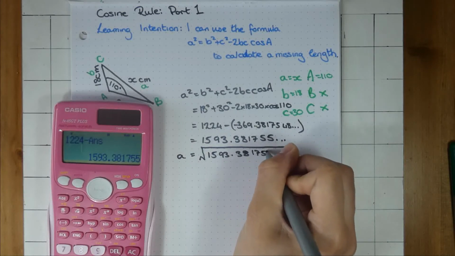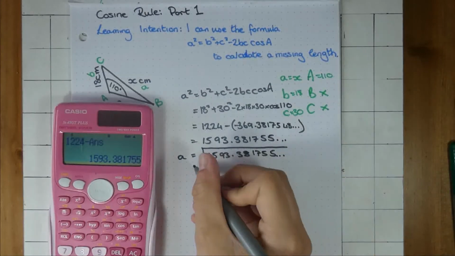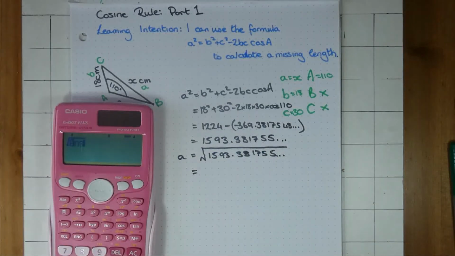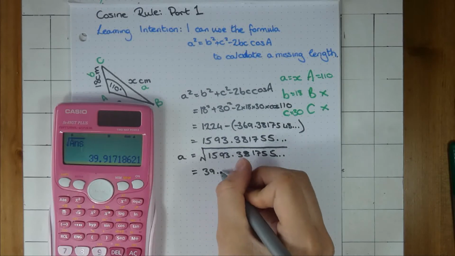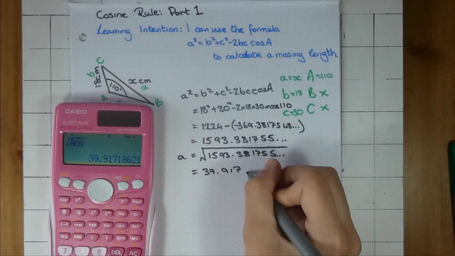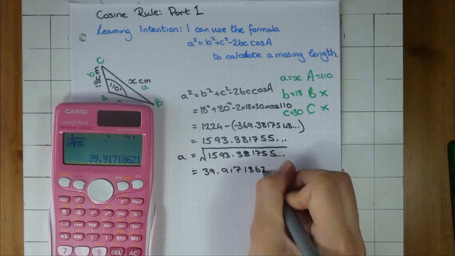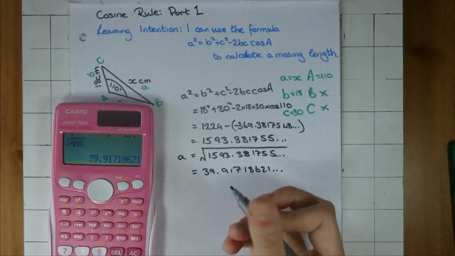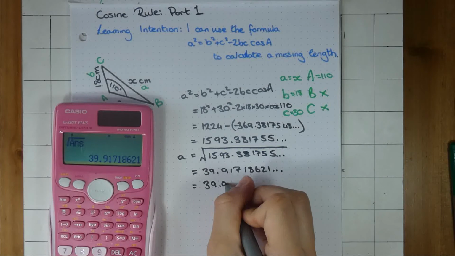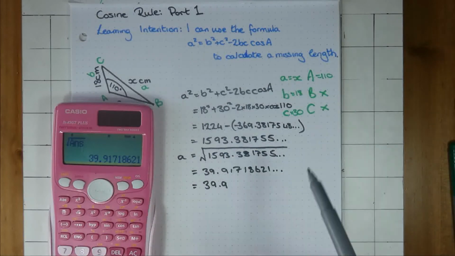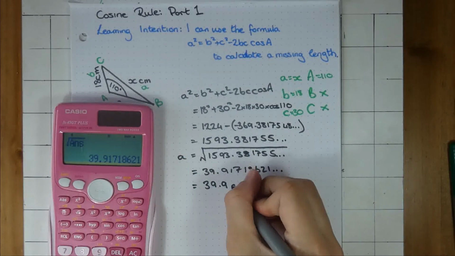And I'm aware this is quite a bit of working. And voila, we're going to have 39.91718621, which we're allowed to now round. And we're going to round that to 39.9. What was our units? Centimetres.